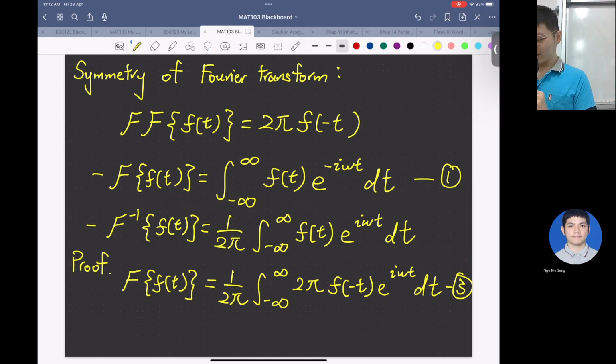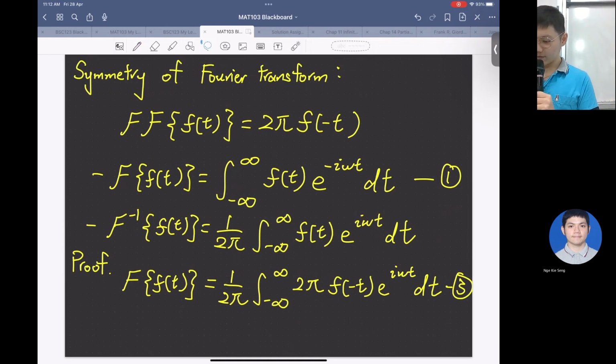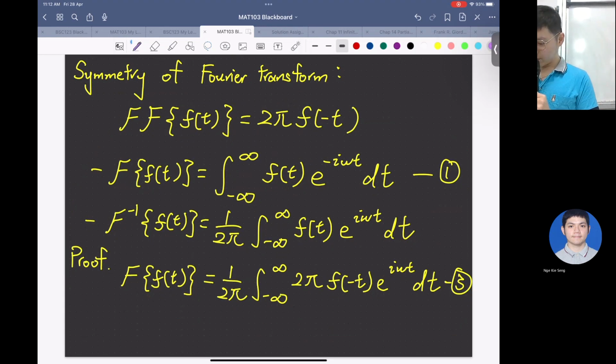Okay, almost. So what you do is you change a variable. Let me change the variable. If you use s equal to minus t, so similar to what the student said, you can just cancel the 2 pi off.